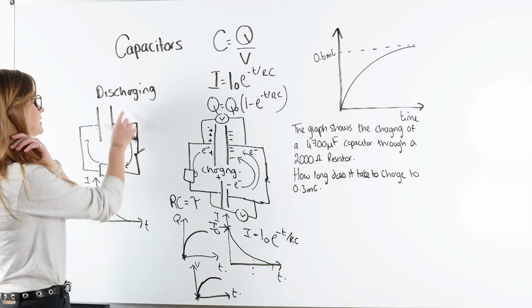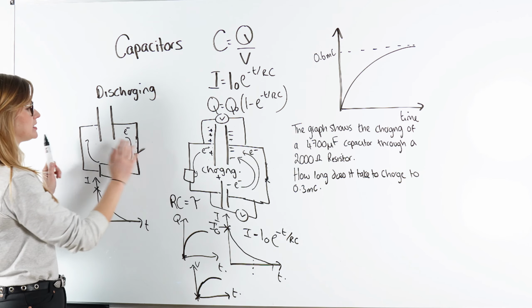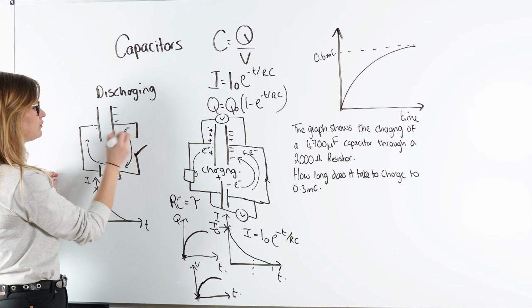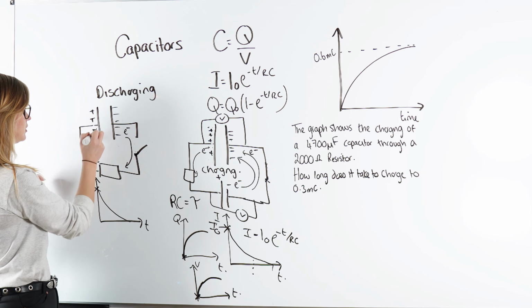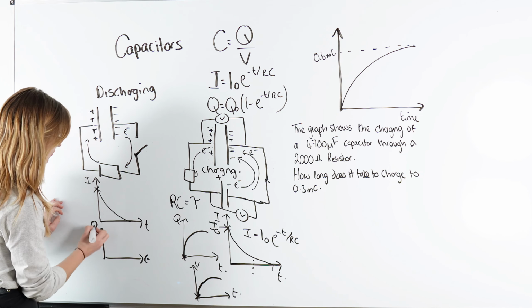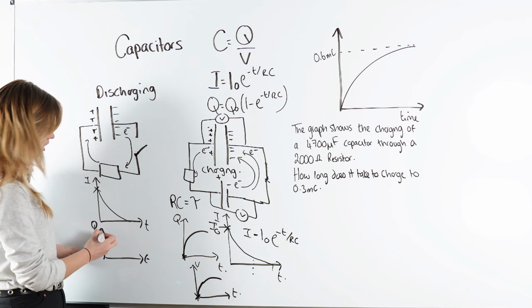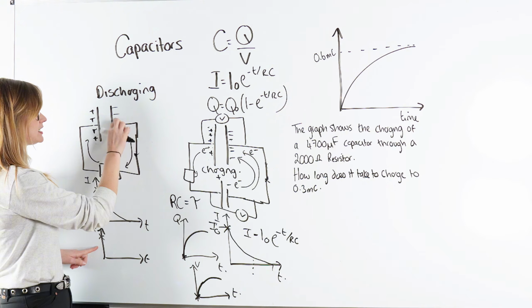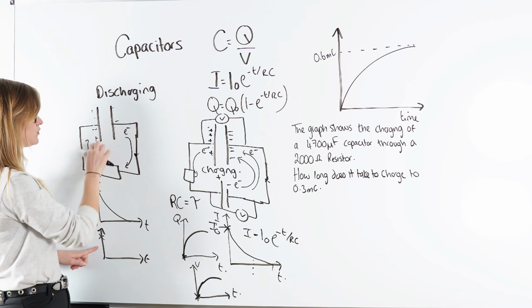If we look at our discharging graphs, again, when we said that our switch was open, and the capacitor, remember, has just been fully charged. If I look at my charge against time, we can see the charge on the plates is really high. And as we close the switch, the charge starts to decrease over time as my electrons flow around the circuit.